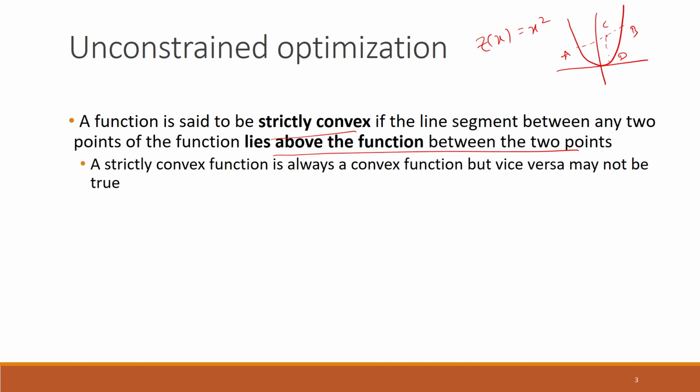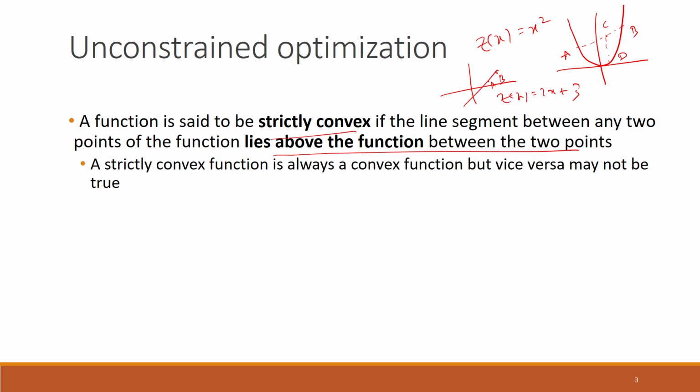But an example of a function which is convex but not strictly convex is the function z(x) equal to 2x plus 3 that we had seen. If you pick any two arbitrary points on this function and connect the line segment between a and b, then any point on this line segment will lie exactly on the corresponding point of the function, which we do not want in the case of a strictly convex function.